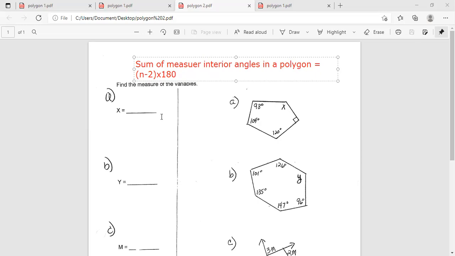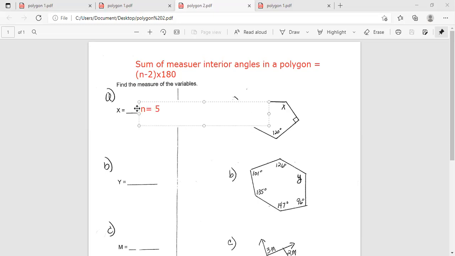This is pentagon. How many sides? It has 5 sides. So the sum of the interior is 900? We will count them together, Ibrahim. First, we will say that n equals 5, right?